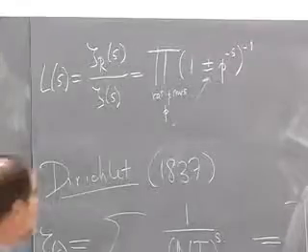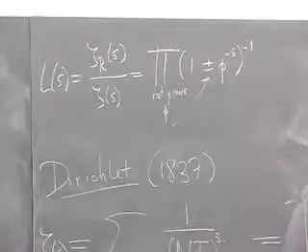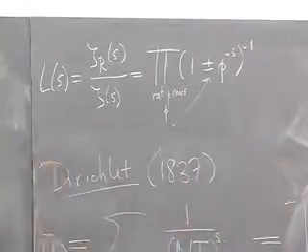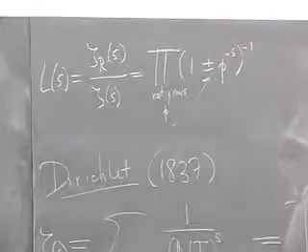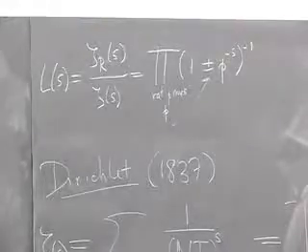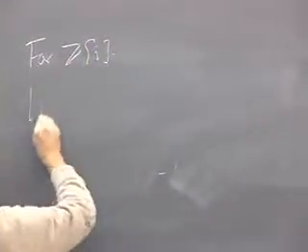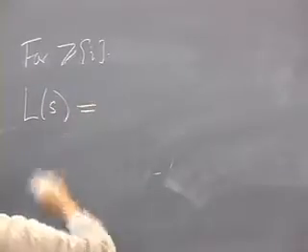Okay, now let's take a look and see what happens to that for the Gaussian numbers. Because there we've worked out everything, we can actually see what series we get. Well, for the Gaussian numbers, it would look like this. For Z of i, it turns out that this L of s looks like this.